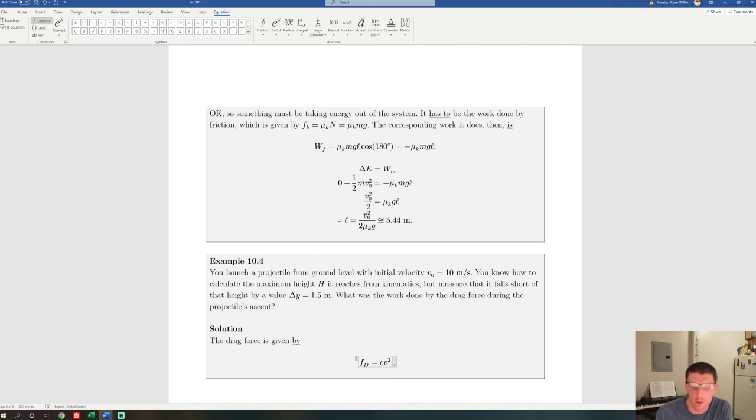But the important thing about the drag force is that it's given by some constant times the speed squared, okay? And this is problematic because, well, you know what?